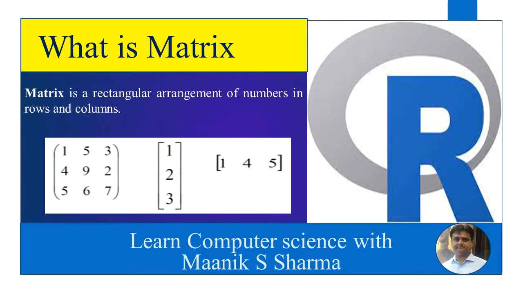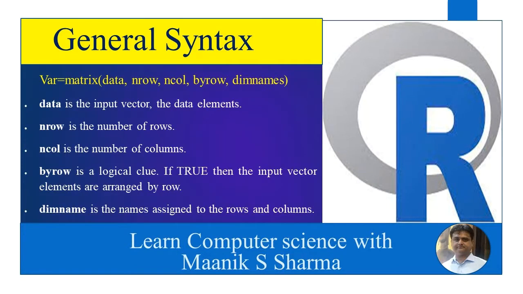The basic syntax for creating a matrix in R is matrix(data, nrow, ncol, byrow, dimnames). Here data is the input vector which becomes the data elements of the matrix. nrow represents the number of rows, ncol is the number of columns, byrow is a logical clue.